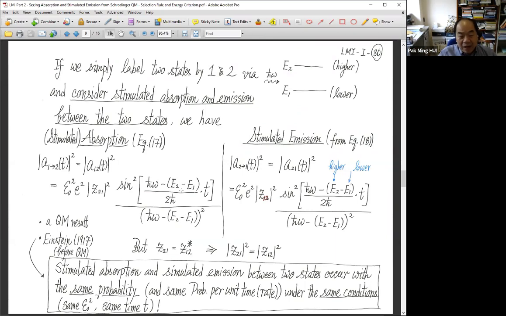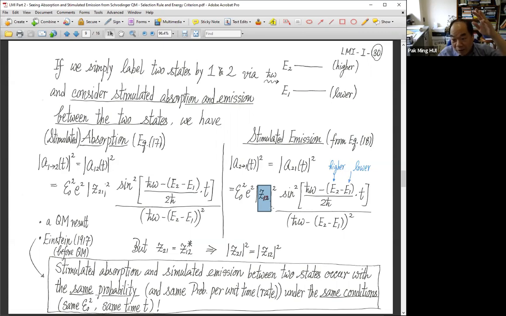Okay? One additional point. There is a spatial integral. For absorption, okay, 1 is the initial, 2 is the final, therefore you will expect the matrix element is set to 1. For this one, same two state, initial is here, final is here, therefore you will expect to pick up the spatial integral element is set 1, 2.